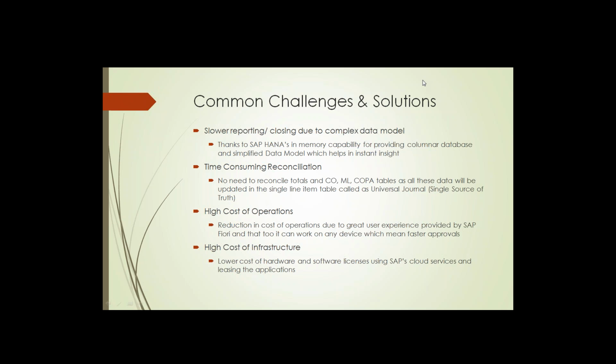Let's say whenever you perform any financial accounting transaction, the BKPF table gets updated, BSEG gets updated, BSIS gets updated, BSIK if you are performing vendor invoicing, BSID if you are performing customer invoicing. There are a lot of tables getting updated.